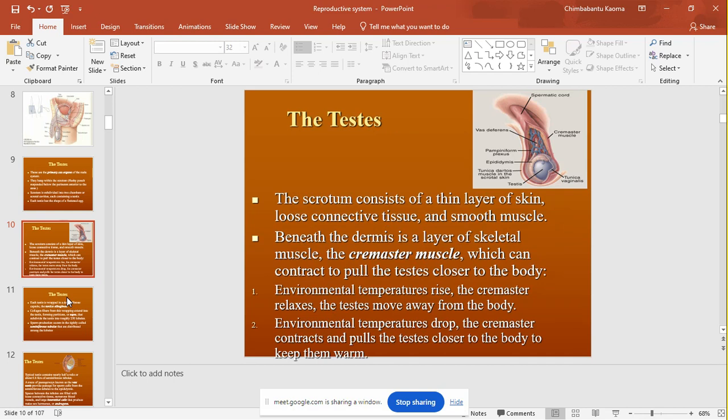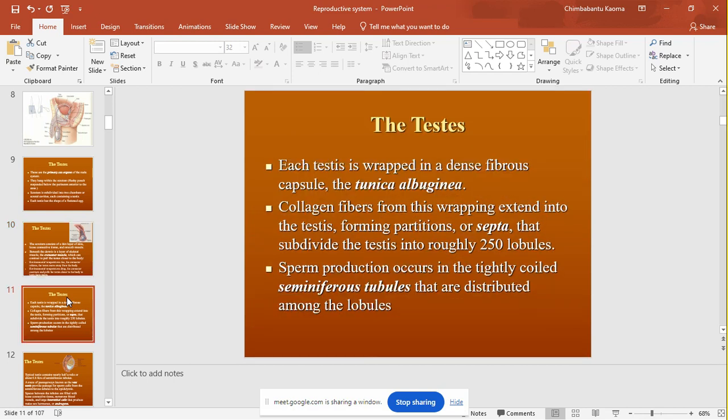So, what was I saying? So I was talking about the testis, but I want to just quickly now give a little bit more detail. So the testis itself is covered by a fibrous capsule. This fibrous capsule is referred to as the tunica albuginea. The interesting thing about this fibrous capsule that covers the testis is that it forms invaginations inside the testis itself. And these invaginations will divide the testis into partitions.